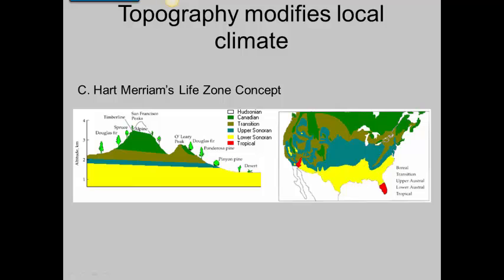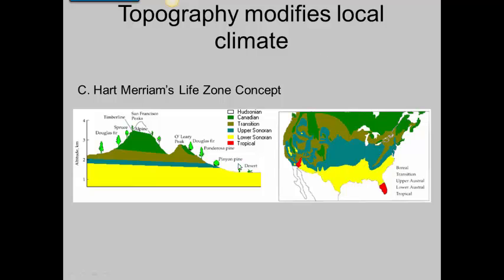C. Hart Merriam coined the concept of a life zone, and he noted that walking up in elevation from a desert to a really high alpine peak was kind of like walking from the southern region of the United States up in latitude all the way to the Arctic tundra.